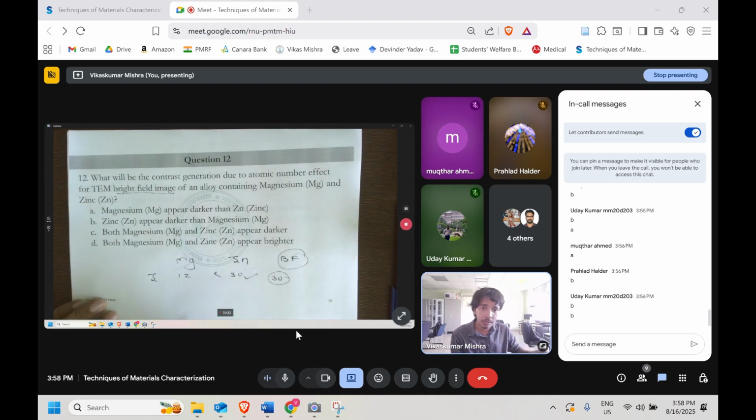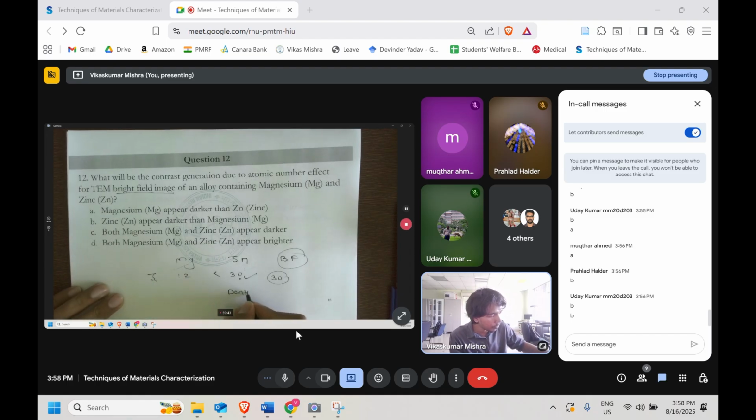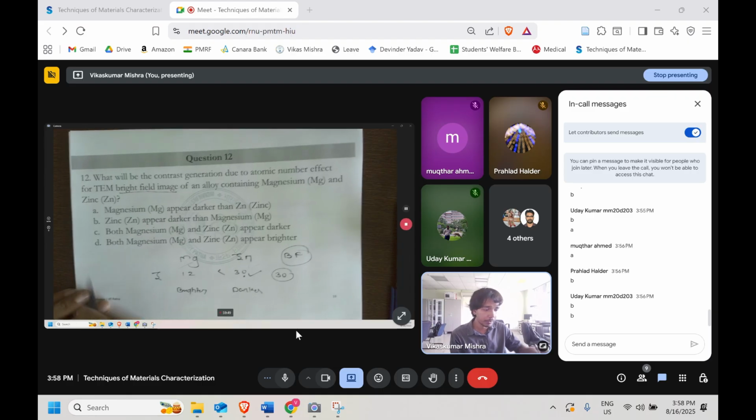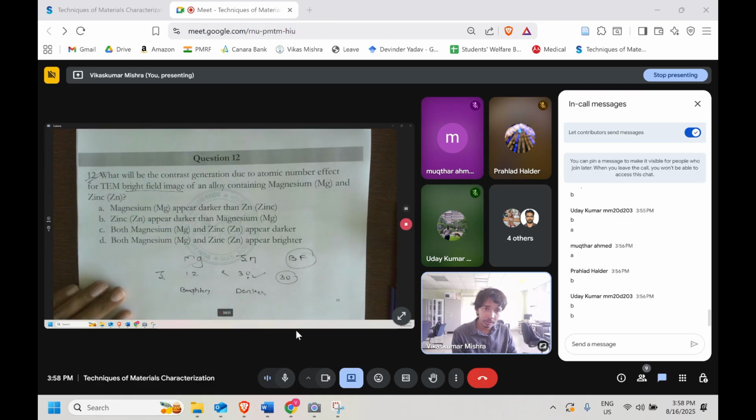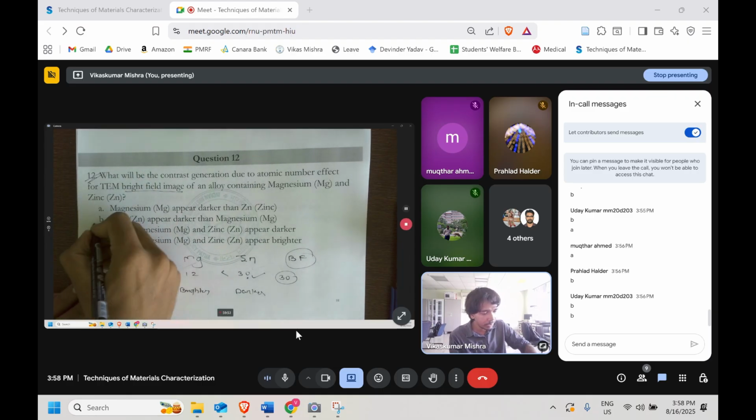Zinc's atomic number is more, so it will scatter more. So in the direct beam, you will see less intensity. So this will appear darker. This will appear brighter. Right? So the right answer is option B.